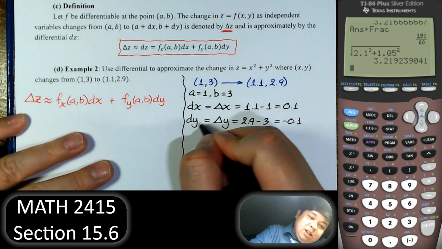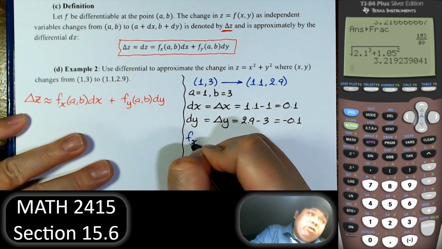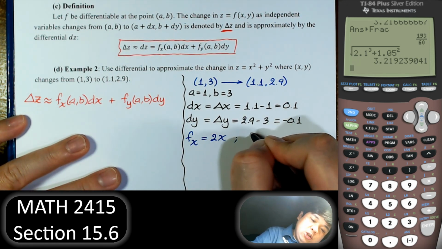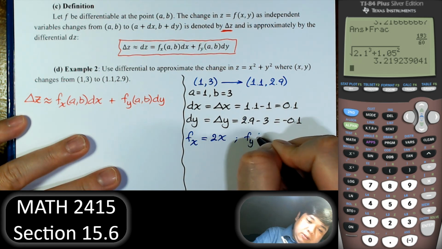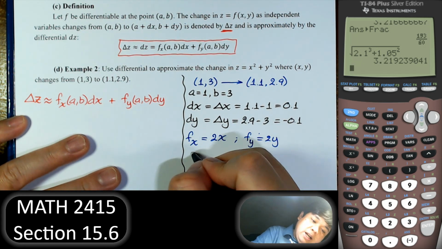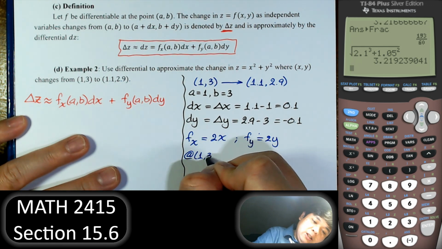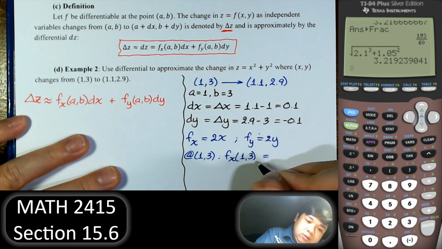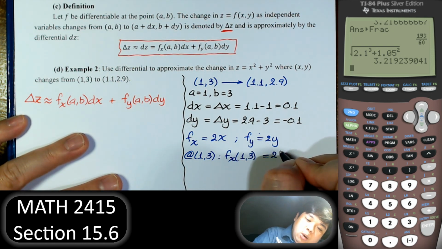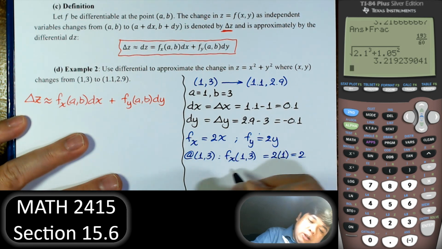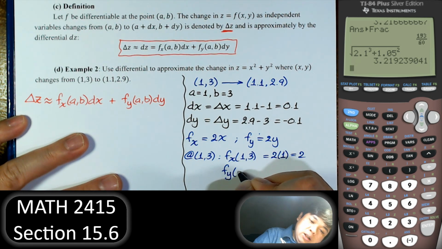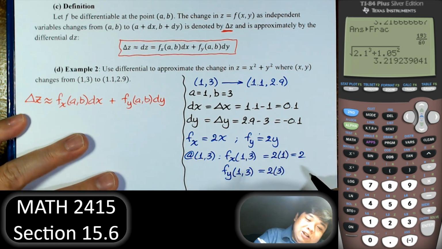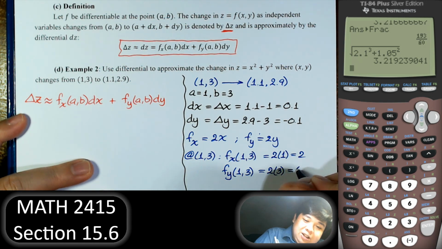The function is z equal to x squared plus y squared, derivative with respect to x is 2x, derivative with respect to y is 2y. And then at the point (1, 3), the derivative with respect to x: put 1 in for x, we have 2. Derivative with respect to y: put 3 in for y, 6.